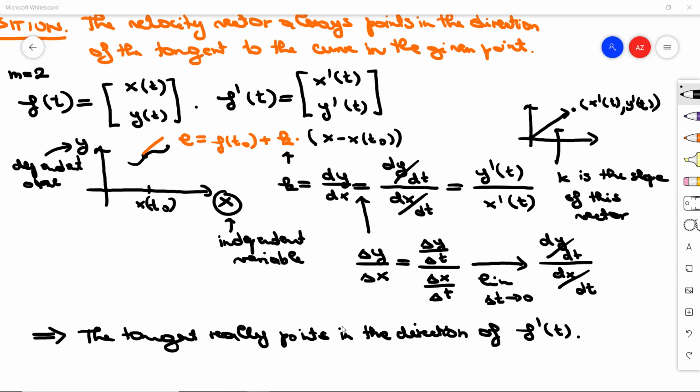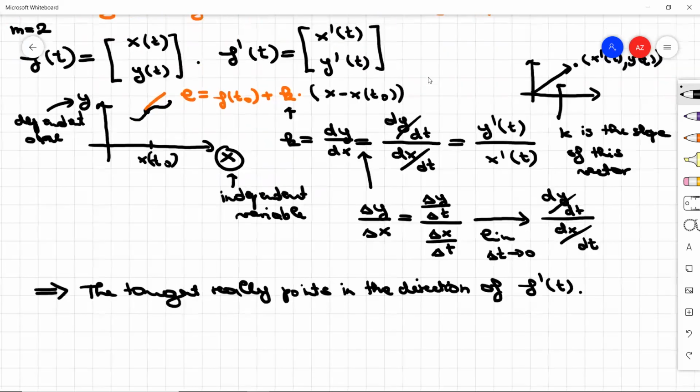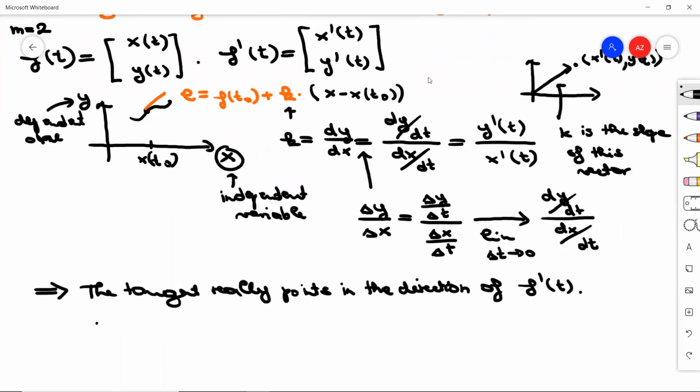But the problem would be if both coordinates of this parameterization would be 0. So this is true. You were thinking in the right direction. The problem would be if both of the components of the derivative are 0. This is true always, unless the derivative of f at t is 0.